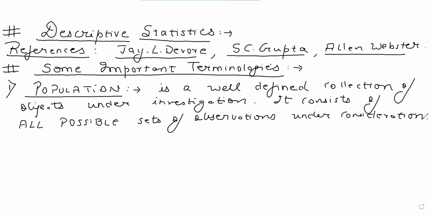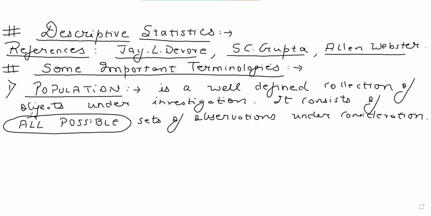That means, students, when we are dealing with the population, we are dealing with all possible set of observations that the concerned population can have. For example, if I have to check how the undergraduate economics students are performing, let's say in the US, then my population is going to be the set of all possible universities in the US.